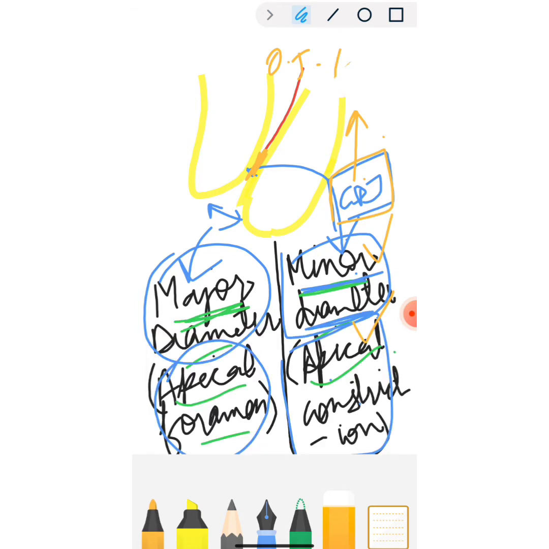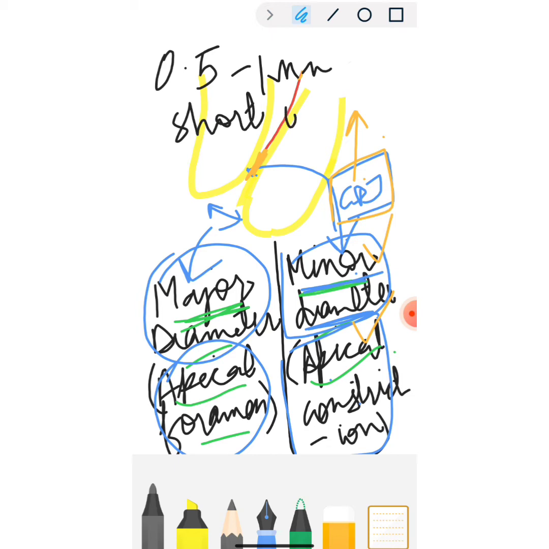This is located 0.5 to 1 mm short of the apical foramen or the radiographic apex.